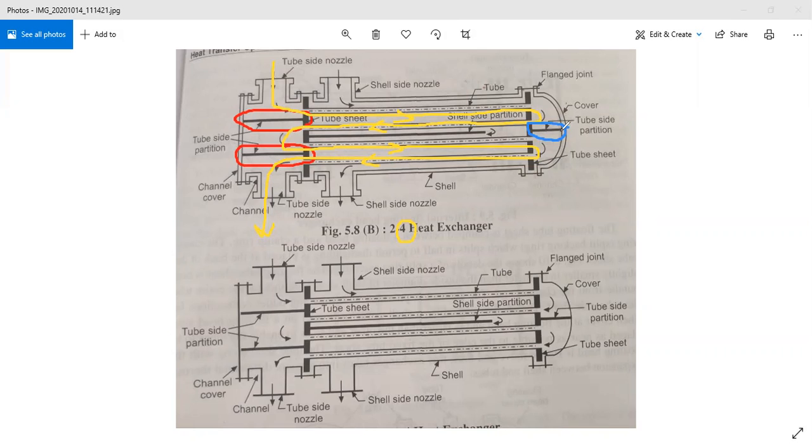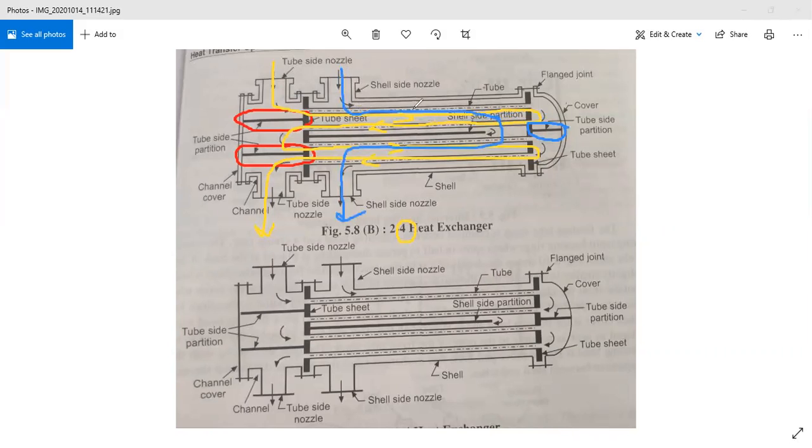And due to this pass partition arrangement, the shell side fluid is going to pass in this direction. Now check this blue color. So this is going to pass in this direction, and like this, right? So this is the direction of this shell side fluid.